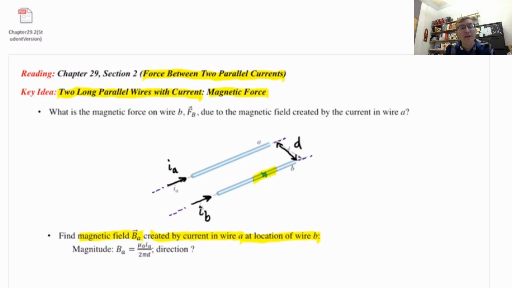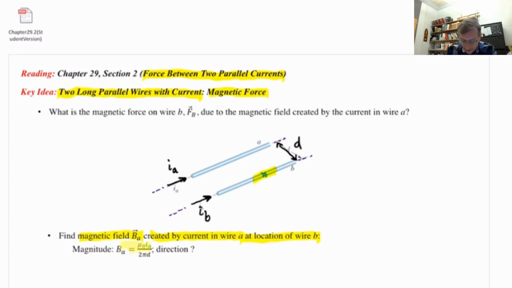Now, we just learned in section 1 how to find the magnetic field created by an infinitely long straight wire. That's what wire A is, so we can use that result. That result tells us that if you have an infinitely long straight wire carrying current, and you know the current in it, and you know your distance from that wire, the magnitude of the magnetic field created by the current in the wire at the location where you are is given by this formula right here.